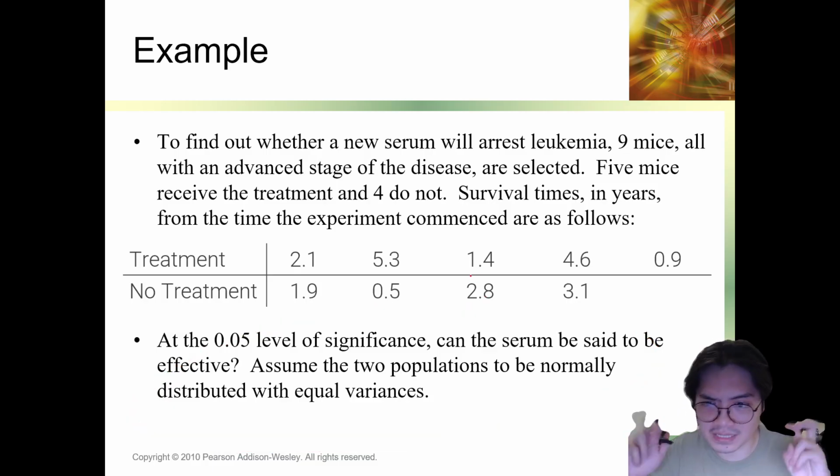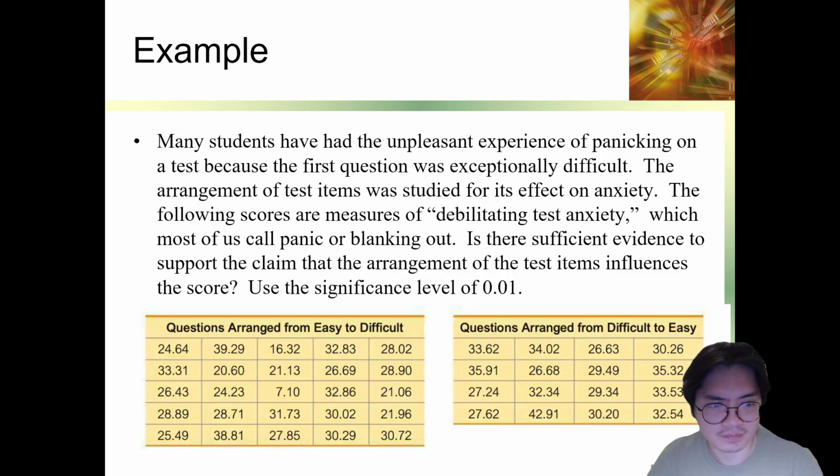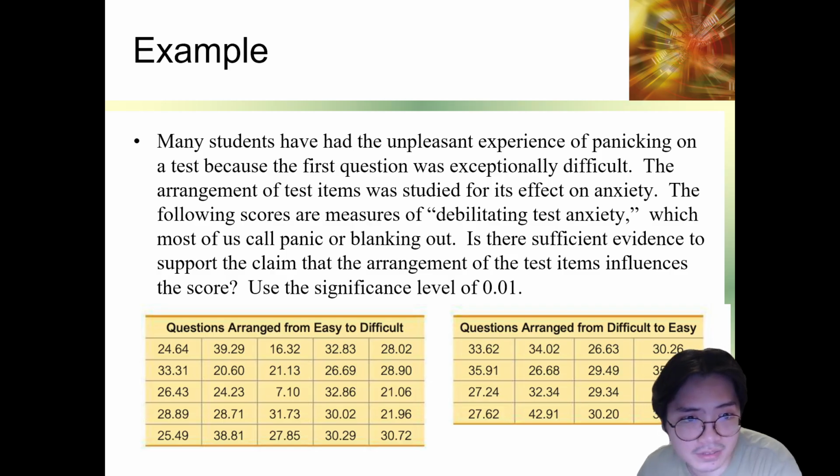Can the serum be said to be effective? Many students have had the unpleasant experience of panicking on a test because the first question was exceptionally difficult. The arrangement of test items was studied for its effect on anxiety. The following scores are measures of debilitating test anxiety, which most of us call panic blanking.